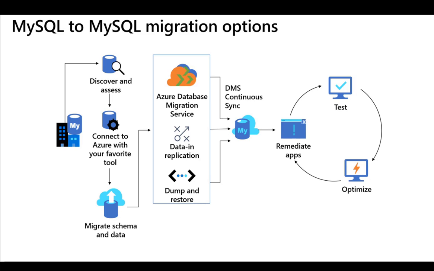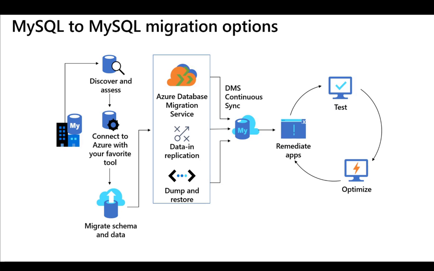So what we have seen working with different customers is that sometimes they create database objects using super user privilege. And that level of privilege is not available in Azure Database for MySQL. So that's one of the things which is very important to do from the assessment point of view, to identify if there are any database objects owned by the super user in their on-premise environment.